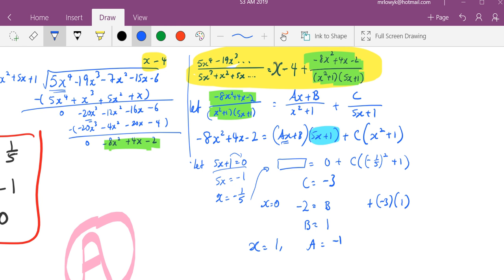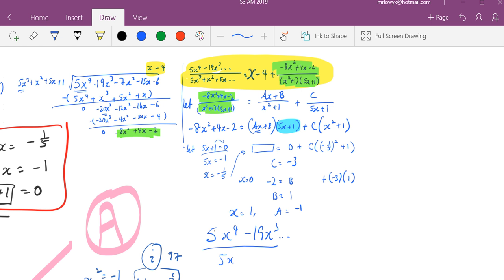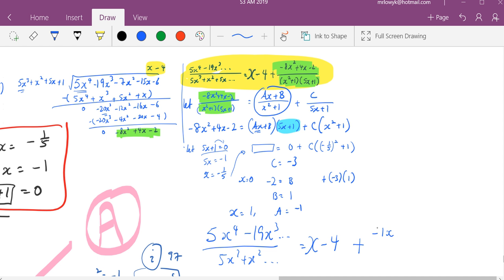So how do I write the final answer? I write 5x^4 minus 19x over 5x cubed plus x squared equals x minus 4 plus Ax minus 1 over x squared plus 1 plus C, negative 3 over 5x plus 1.